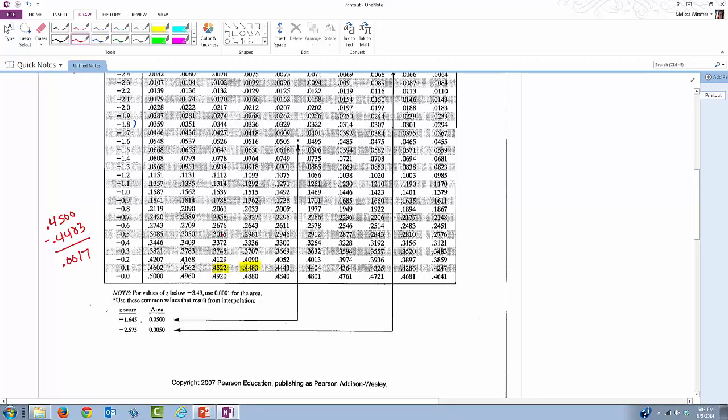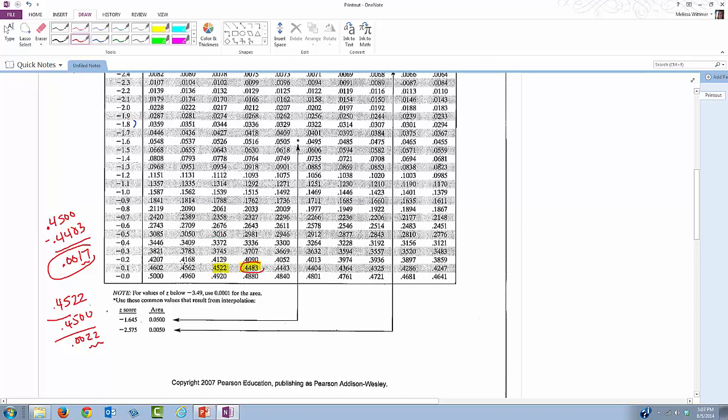Now let's find the distance from 0.4500 to 0.4522. You don't want it to be negative, so just take the highest number and subtract. So 0.4522 minus 0.4500 is going to give me 0.0022. When I compare these, which is smaller? Well, 17 is smaller than 22. So the shortest distance is going to be at the 0.4483.